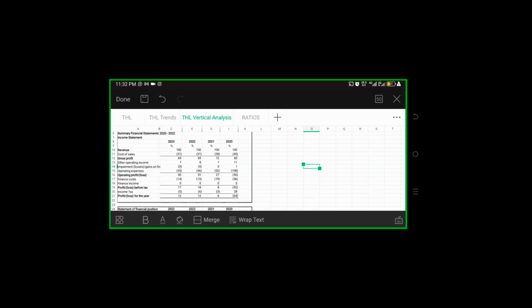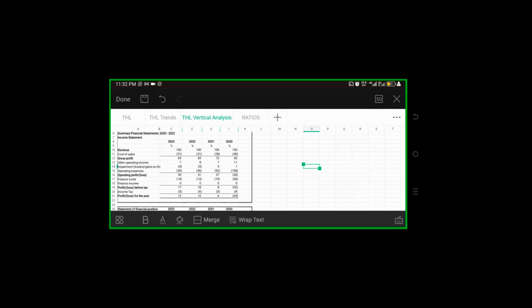Because of the impact of COVID-19, the revenue was not much, and the operating expenses with the finance cost were the actual reason they made a loss in 2020.